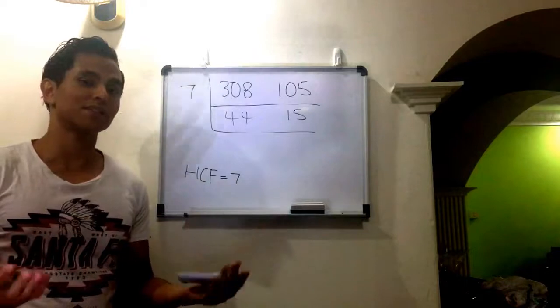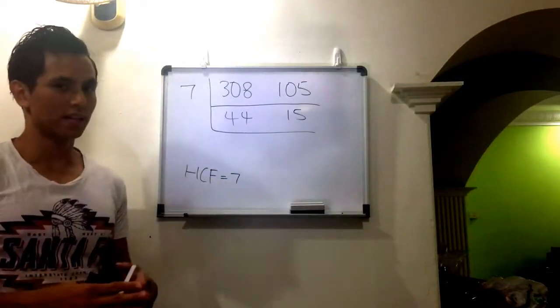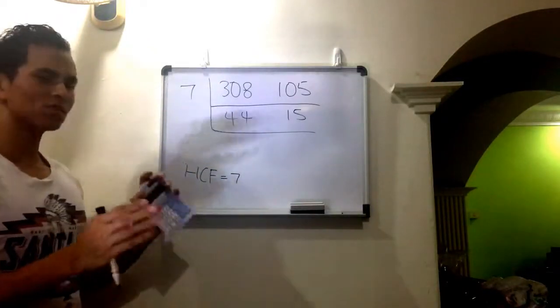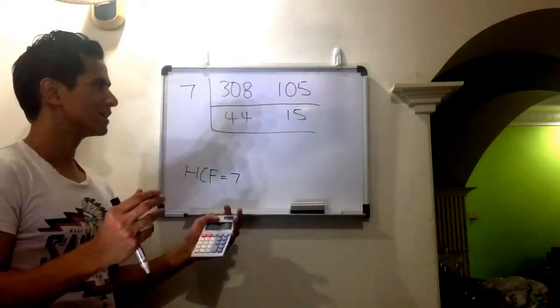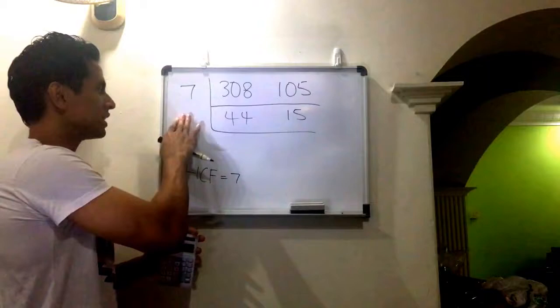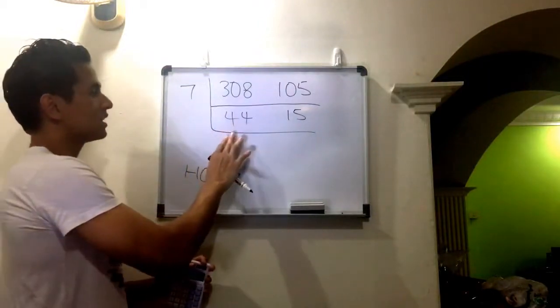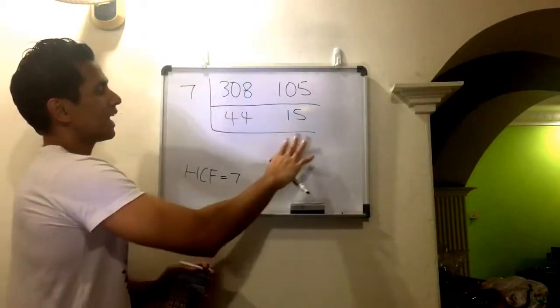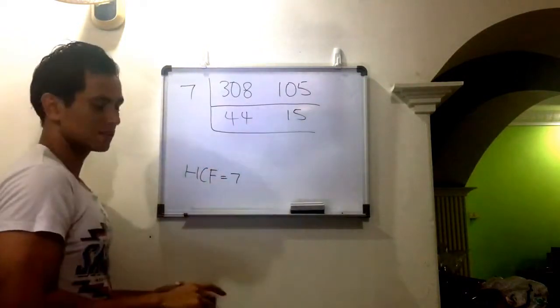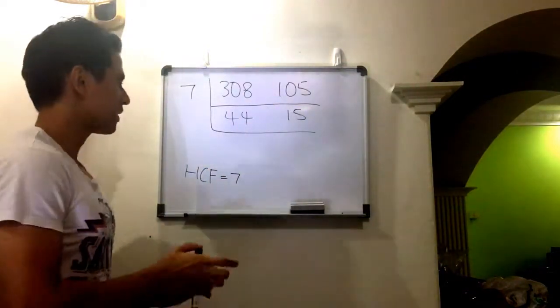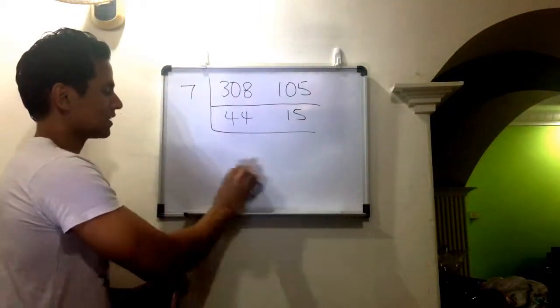And now, how about the LCM? For the LCM, okay, we just go on. But now note that as we go on, we have to do them separately. So when I put a number here, I'll only divide 44 by this number and leave 15 here because both of them can't be divided by the same number. So what happens? It is going to look like this.